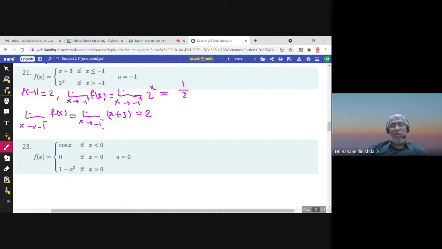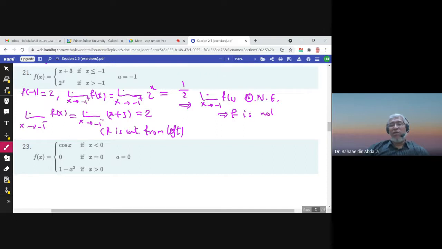So the function is continuous from the left, okay? But in general, the limit when x approaches -1 does not exist, and that's why f is not continuous at x equals -1, or a equals -1.